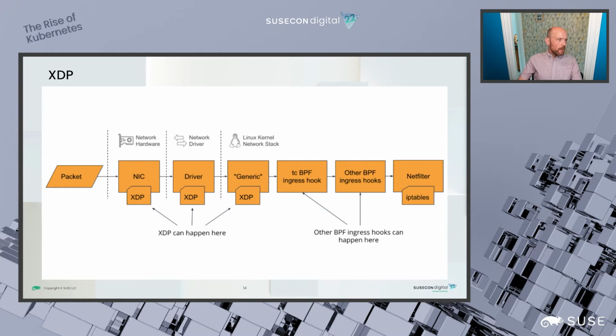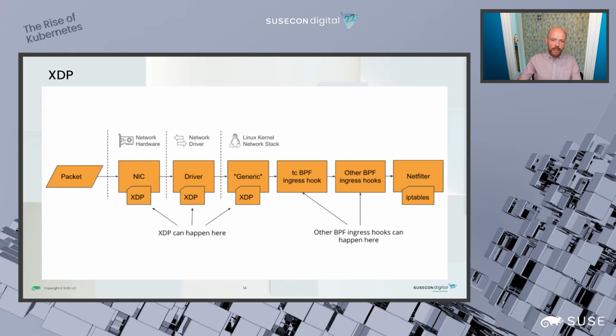There's also something called XDP, which I won't talk about in great detail today, but this is, again, similar to the previous diagram. You can see as the packet comes in, the network interface is capable, depending on the function of the network card, of implementing something called XDP, or it can happen in the network driver or in the Linux kernel. And XDP is a really, really early attachment point for BPF programs.